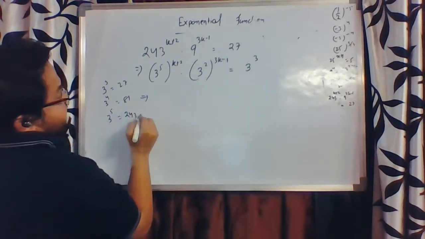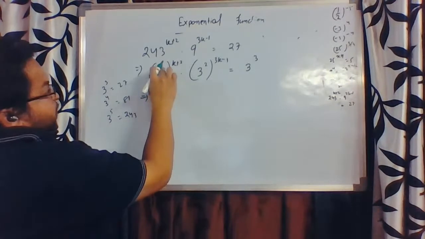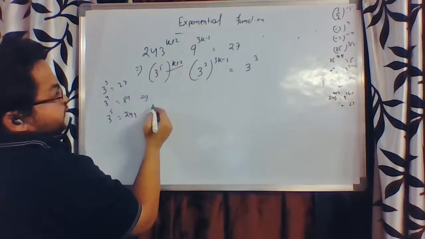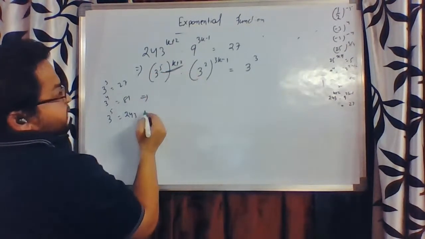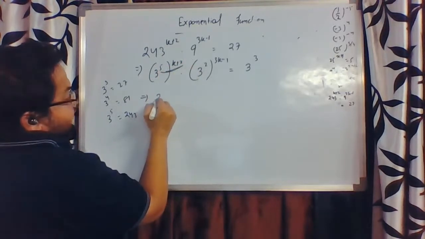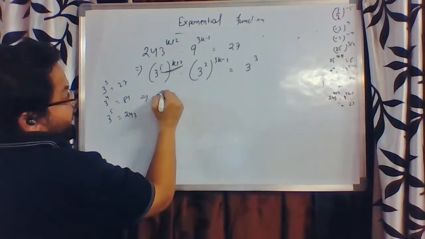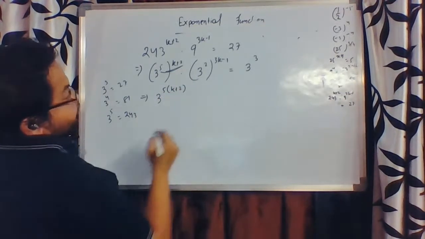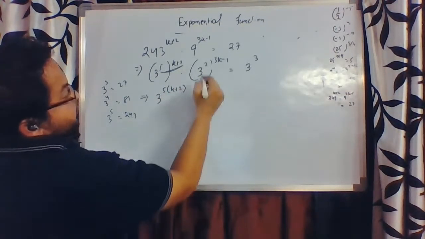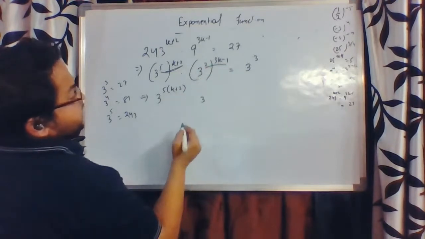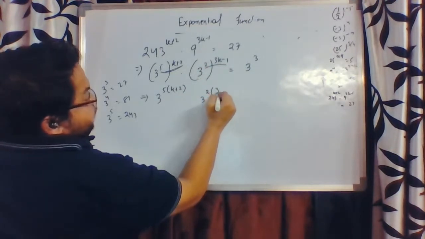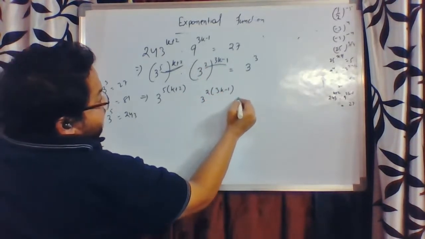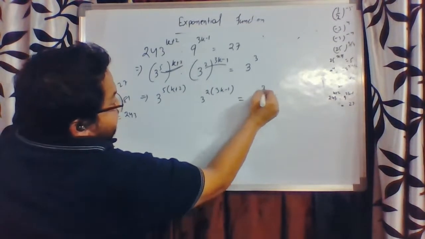So, obviously, here 3 to the power 5 whole to the power k plus 2. I need to multiply 5 with k plus 2, and it becomes 3 to the power 5 into k plus 2, into 3 to the power 2 into 3k minus 1, equals 3 to the power 3.